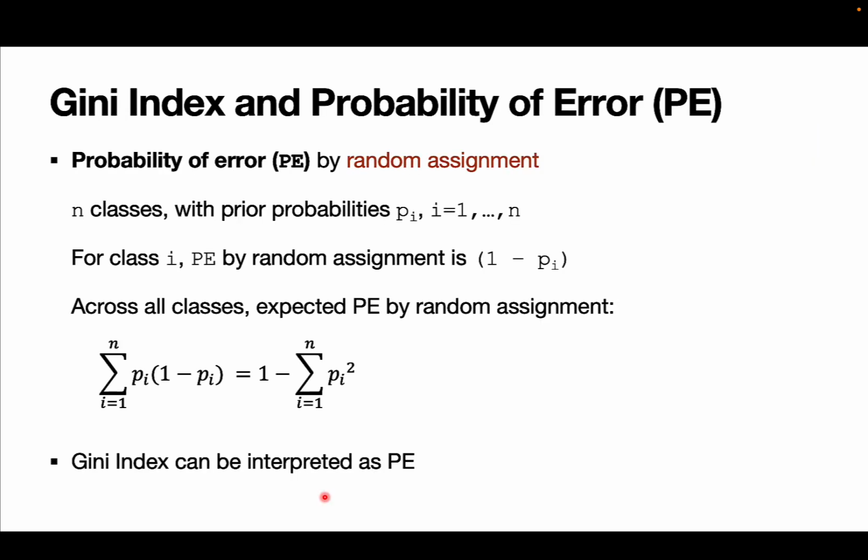The Gini Index can be interpreted as something called a probability of error, or PE. So PE is the expected probability of misclassification if a label is assigned randomly based on class proportions. This is the formula for computing PE. If we expand it, we are actually going to end up with the Gini Index formula for the dataset.